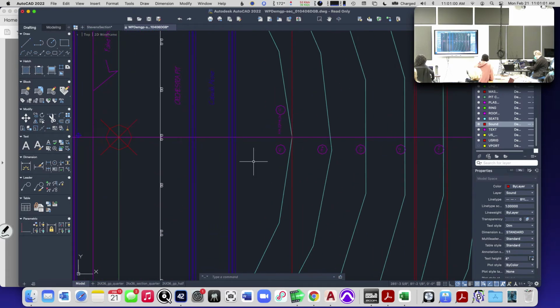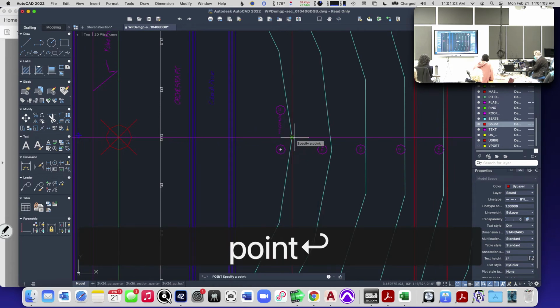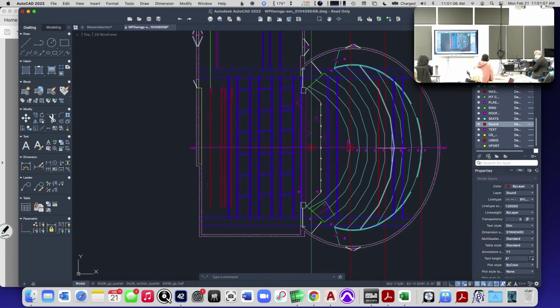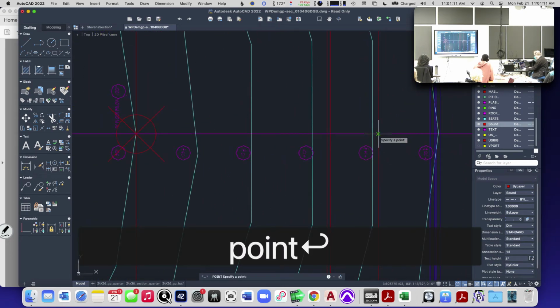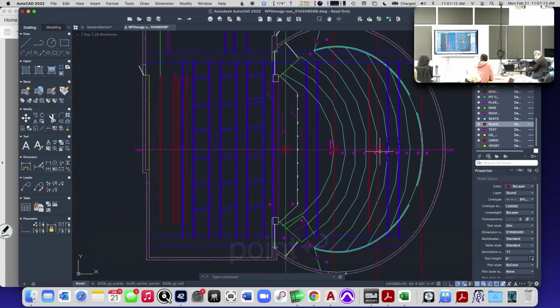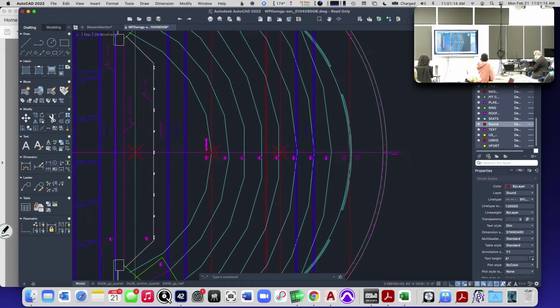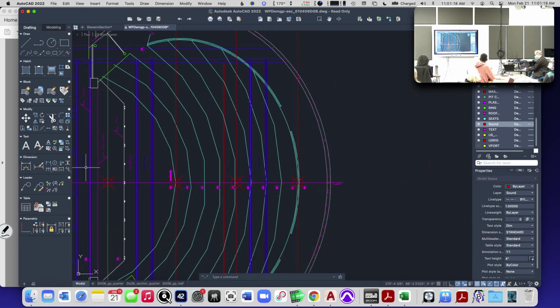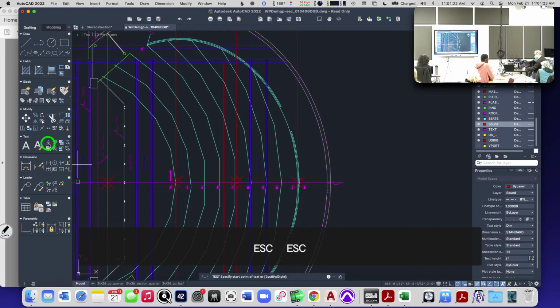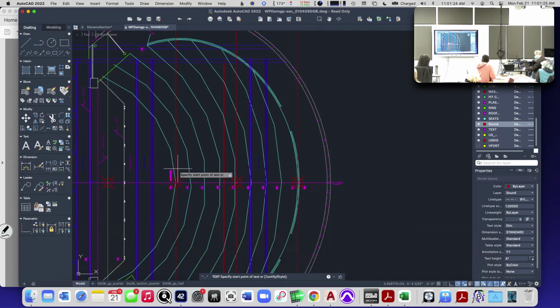Okay, so ground plan view would be there and there and there. Now, for purposes of making things a little simple, I'm going to do a label here.